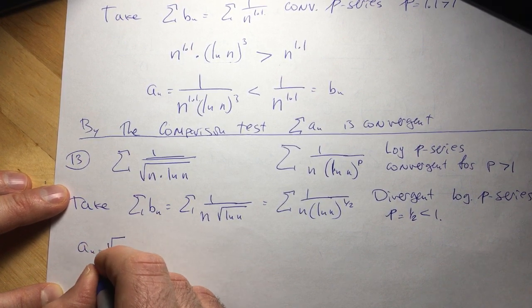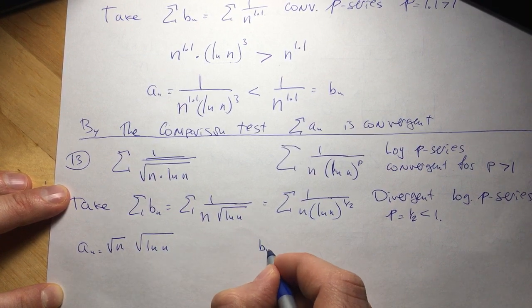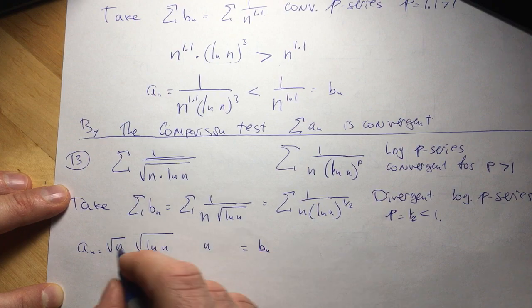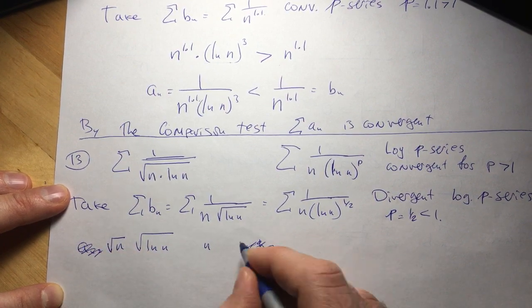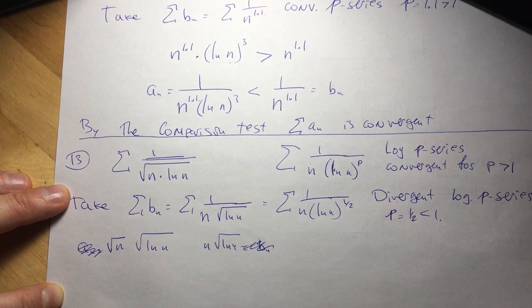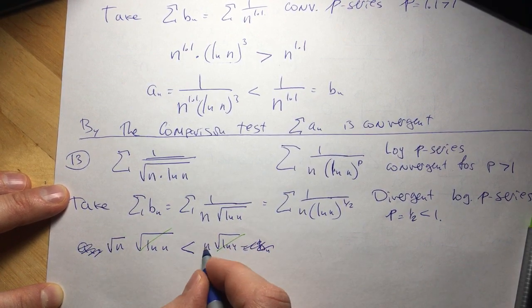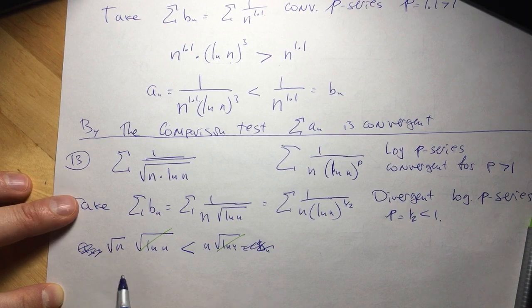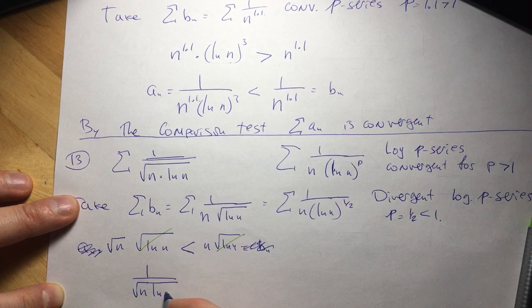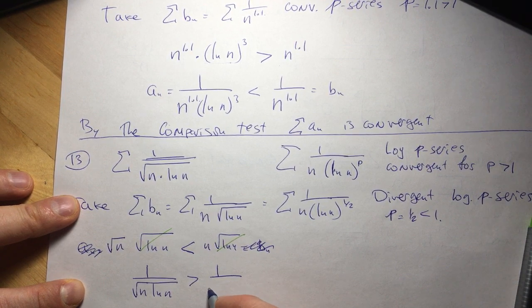So an is 1 over square root of n times square root of ln of n, and I'm comparing it with bn, which is 1 over n times square root of ln of n. Well, these two cancel, right? So I have that n is greater than square root of n, or if you take the reciprocal, the inequality flips: 1 over square root of n times square root of ln of n is greater than 1 over n times square root of ln of n.